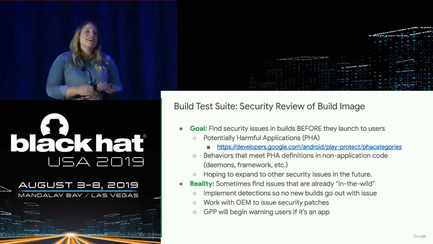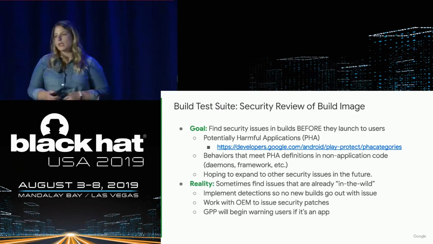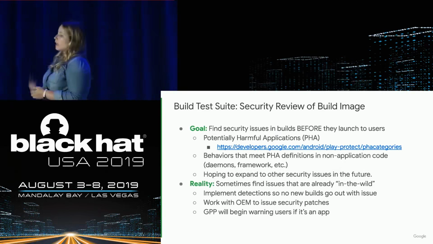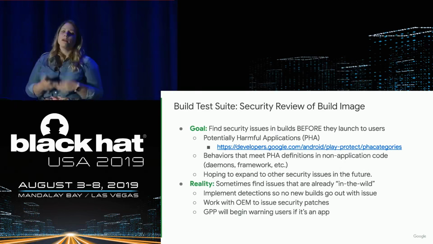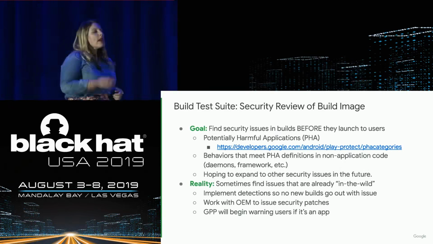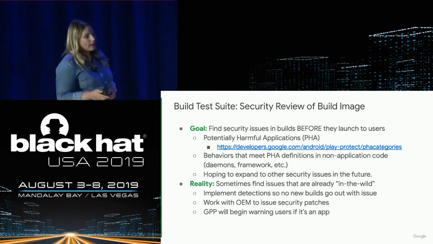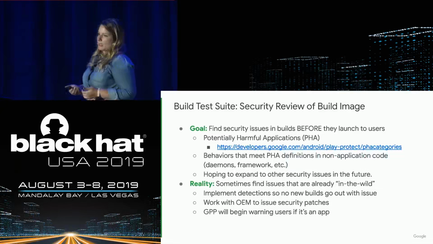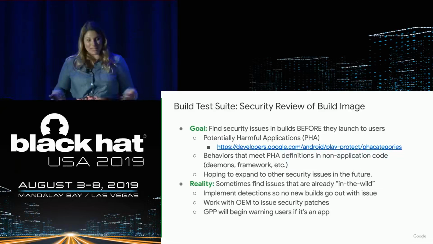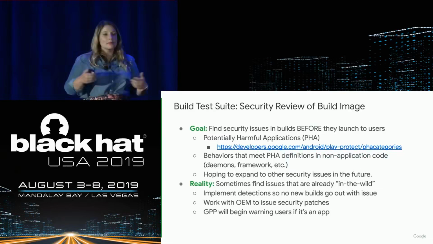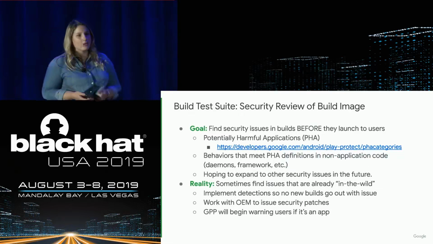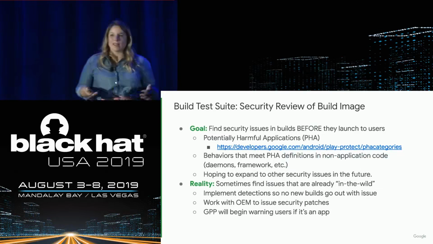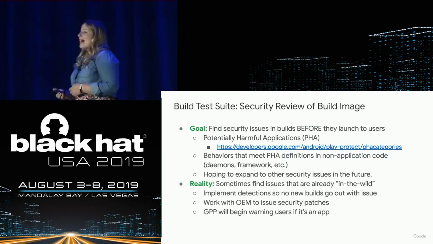While the goal is always to find things before they launch to users, BTS happens right before it launches to the user. So it's the last step, because the firmware image we receive has to be the same one that goes out of the box. Therefore, the reality is when you're operating at a scale of seeing that many different firmware images, sometimes you find things after they're already in the wild, especially when you consider how many years of Android there's been.